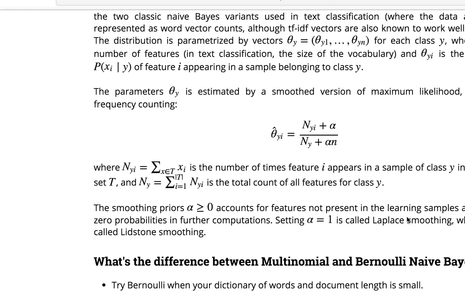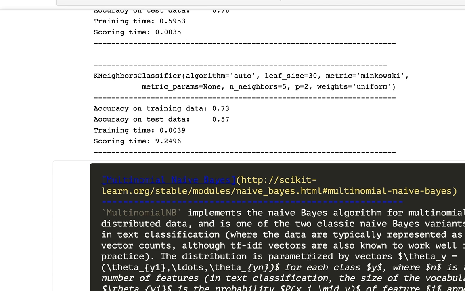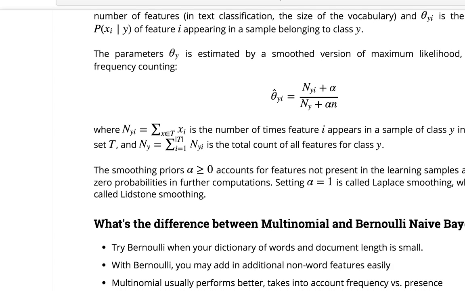The difference between multinomial and Bernoulli naive Bayes is that at least 90% of the time or more, you'll be using multinomial naive Bayes. Multinomial naive Bayes was designed for larger documents. Its score is almost always better. I believe it's typically a little bit slower.